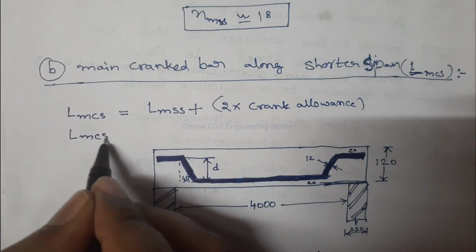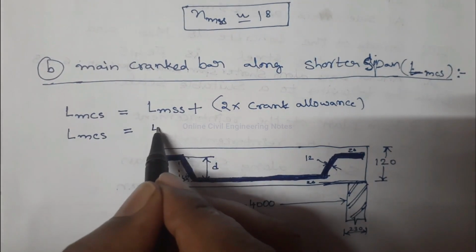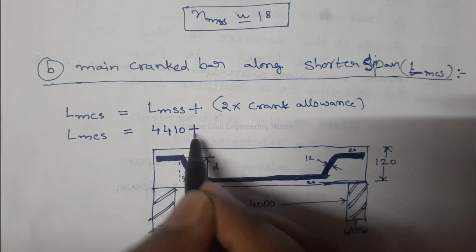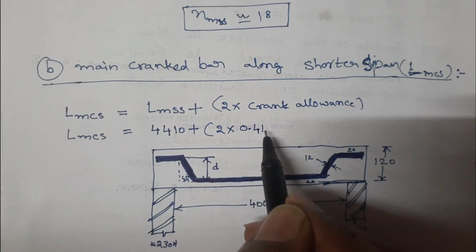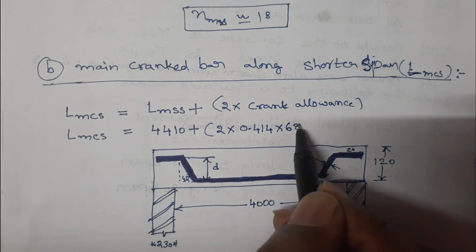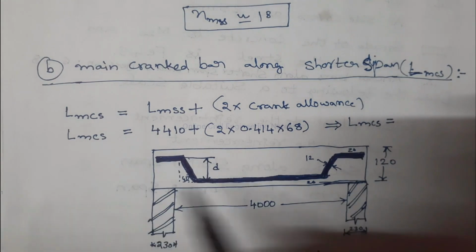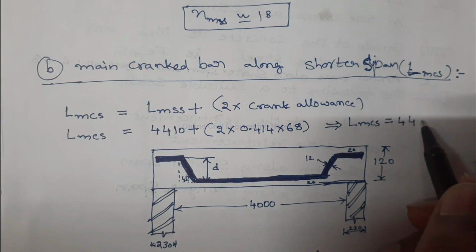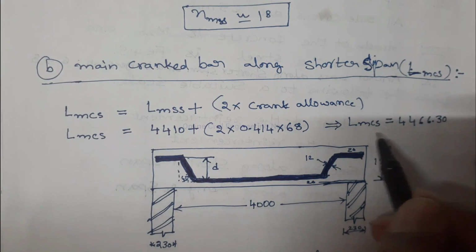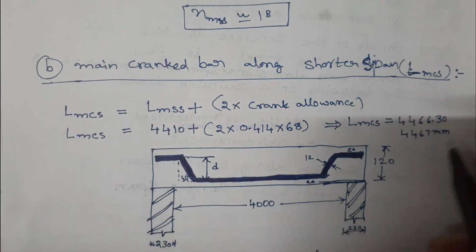Therefore, length of main cranked bar along short span is equal to length of main straight bar, which is 4410 mm, plus 2 into crank allowance, 0.414 into D, 68. After calculating, which is equal to 4466.30. So we can make it 4467 mm.